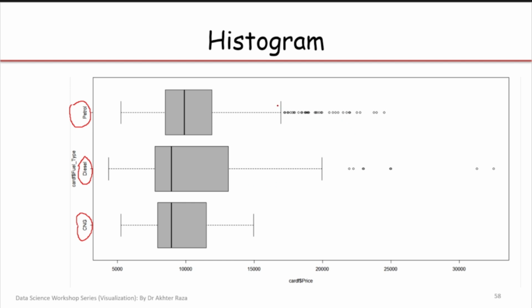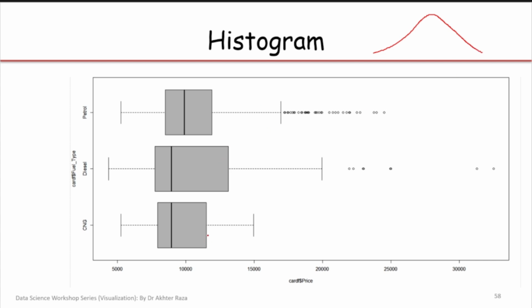You can see that this one has outliers. This also has outliers, but this does not have outliers. And all of the box plots look like right skewed graphs. What happens if we need a graph which is bell shaped?